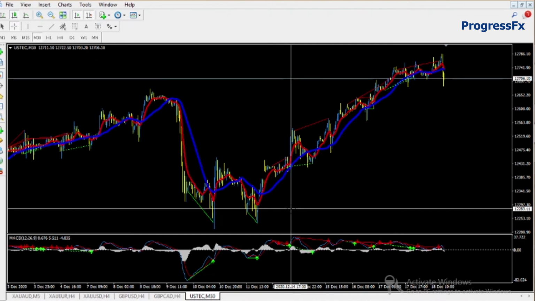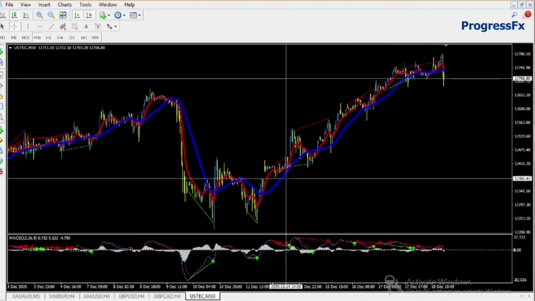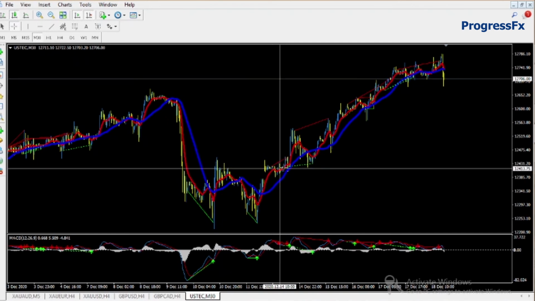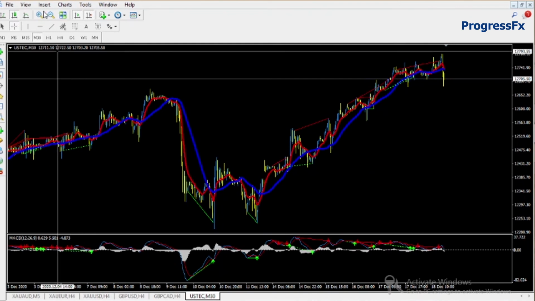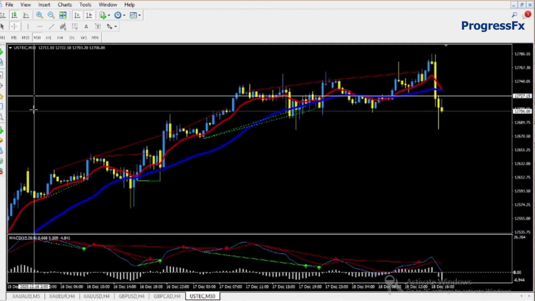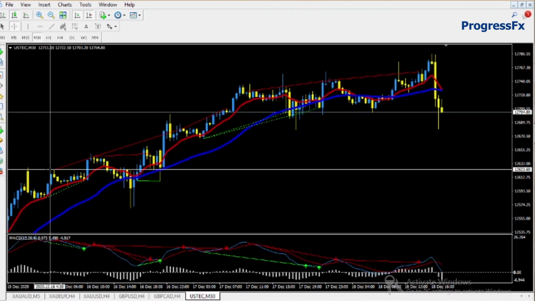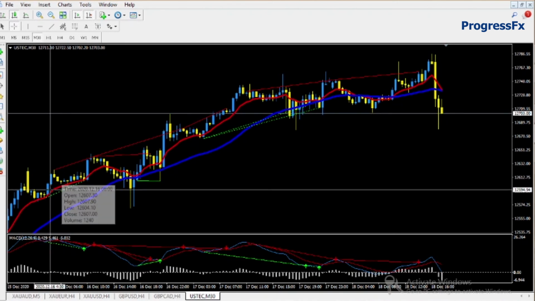Then you can find at the same time when it retraced and continued ranging until it got to this. I can maybe widen the chart for a better understanding. So you can see what I'm saying here. It was ranging.